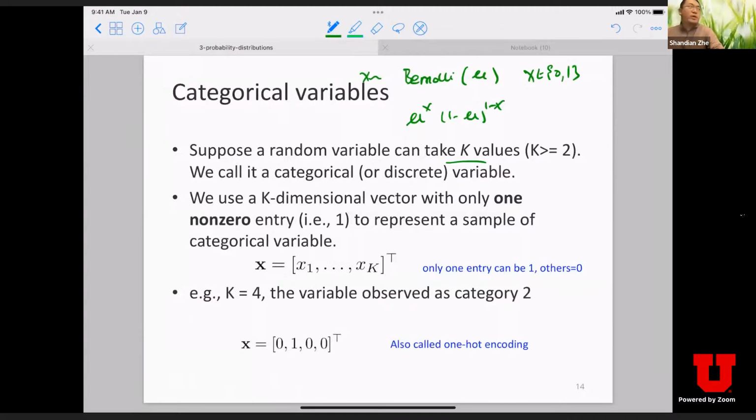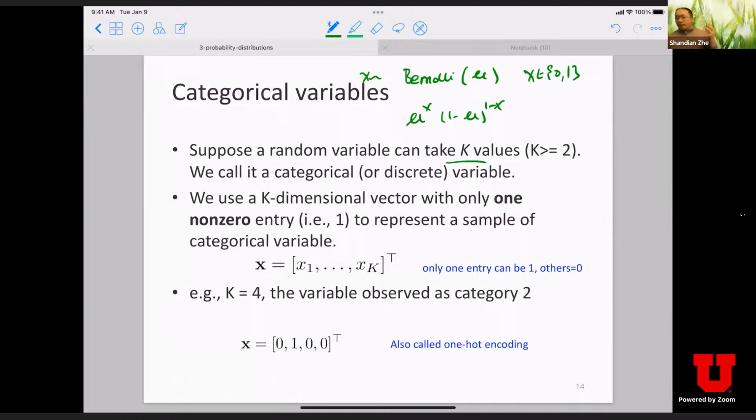But if K is 3 or 4, then it represents multiple classes: 0, 1, 2, 3, 4, up to whatever number of classes you want. This is very common in practice, for example image classification. You want to classify whether your image contains a cat, dog, rat, and all kinds of other animals. So this is a typical multi-class problem.